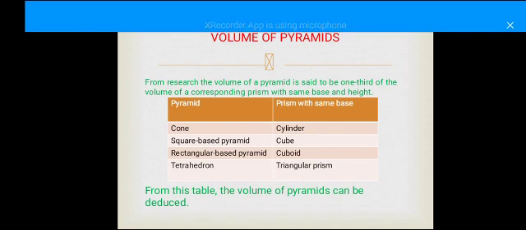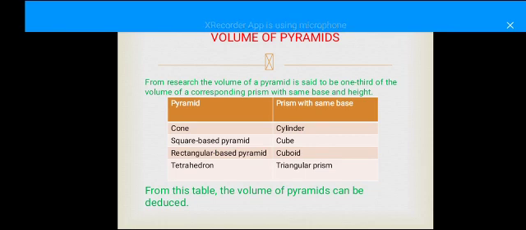From research, the volume of a pyramid is said to be 1/3 of the volume of a corresponding prism with the same base and height. I repeat, the volume of a pyramid is 1/3 of the volume of a corresponding prism with the same base and height.